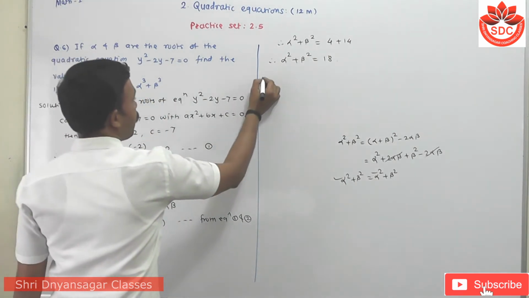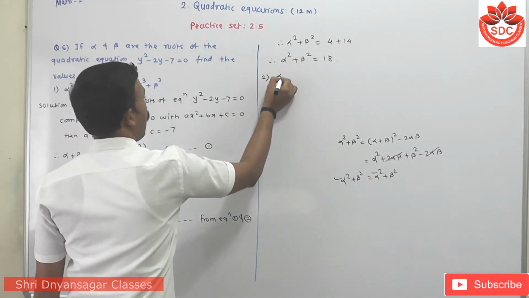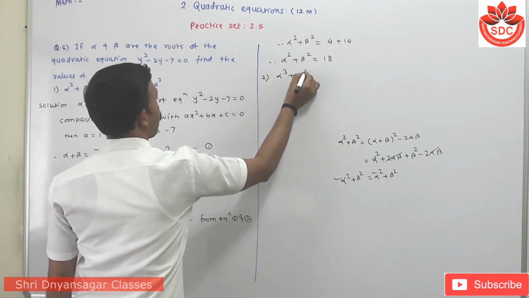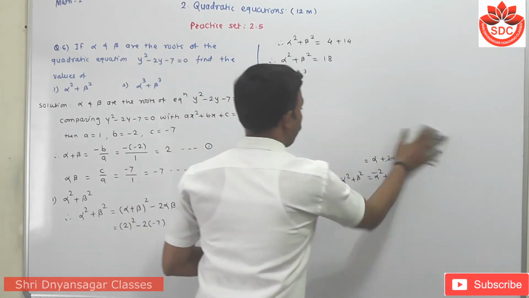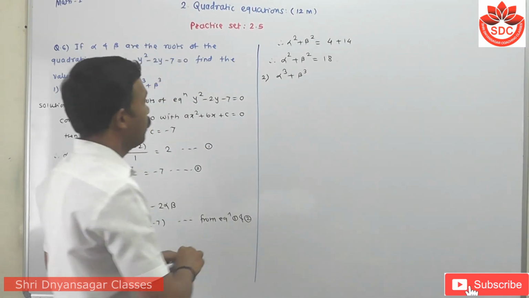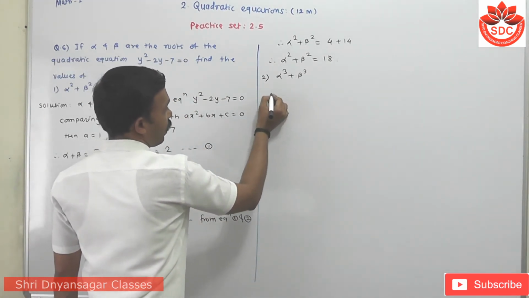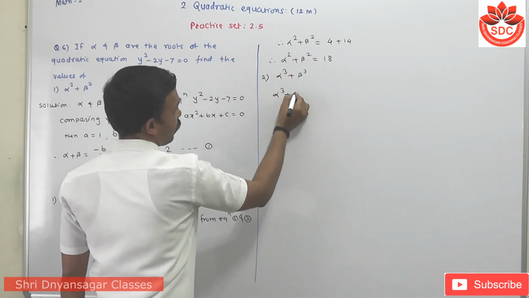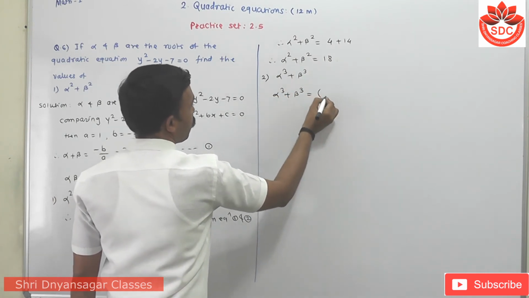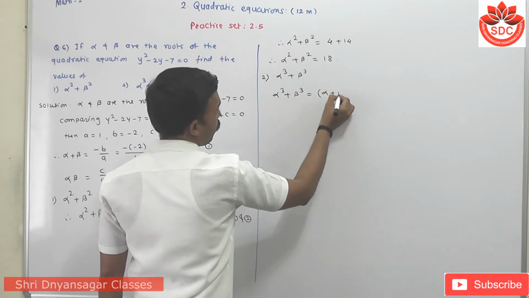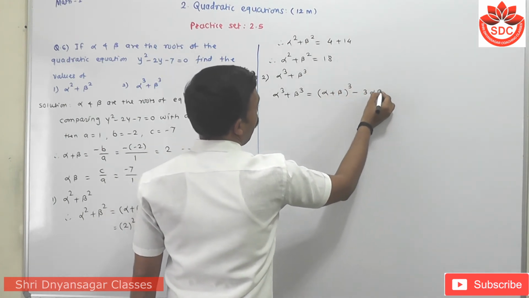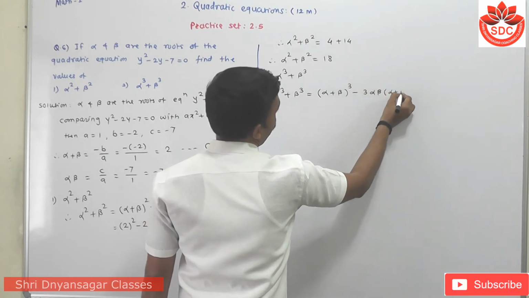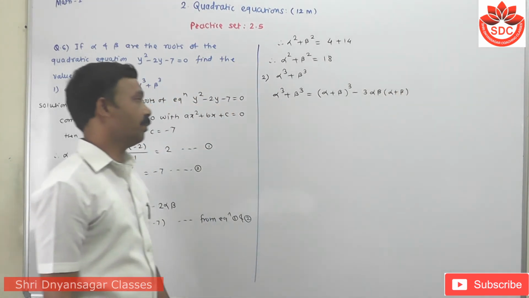Then we take the second one. The second one is alpha cube plus beta cube. We have to find out this value. Students, for this also we take one formula. This formula is alpha cube plus beta cube is equal to alpha plus beta bracket cube minus 3 alpha beta into bracket alpha plus beta.